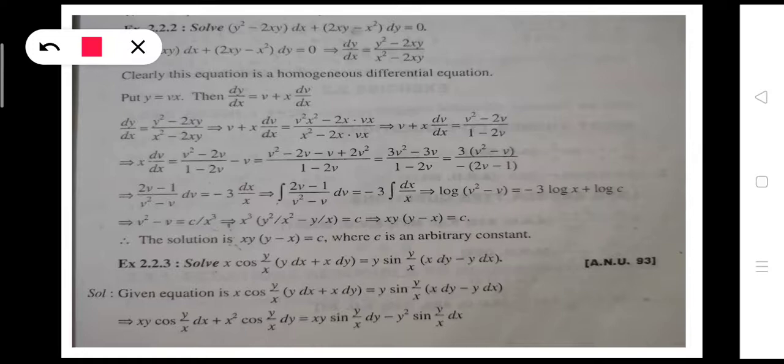Continue the next slide. And this is written as (xy sin(y by x) minus x square cos(y by x)) dy is equal to, with dy terms on one side and dx terms on the other side, (xy cos(y by x) plus y square sin(y by x)) dx. This implies dy by dx is equal to (xy cos(y by x) plus y square sin(y by x)) by (xy sin(y by x) minus x square cos(y by x)).